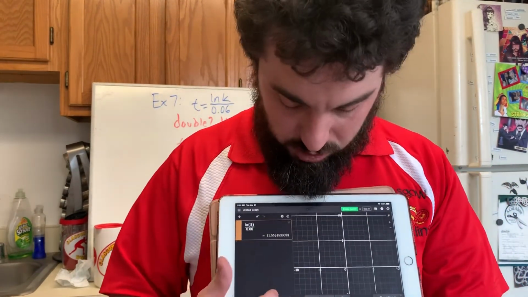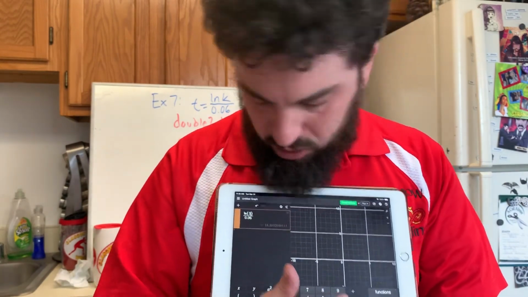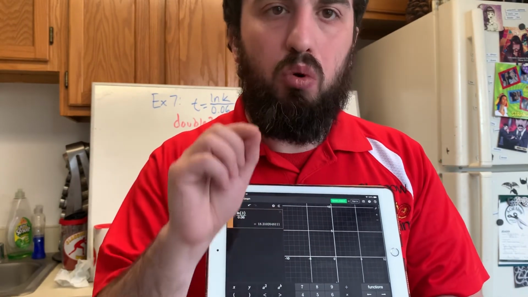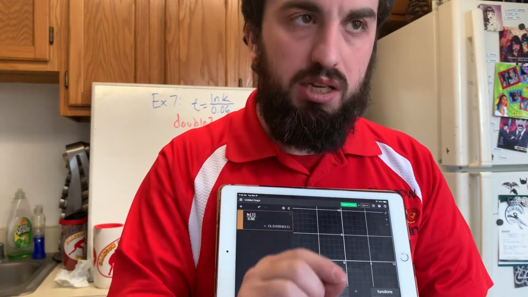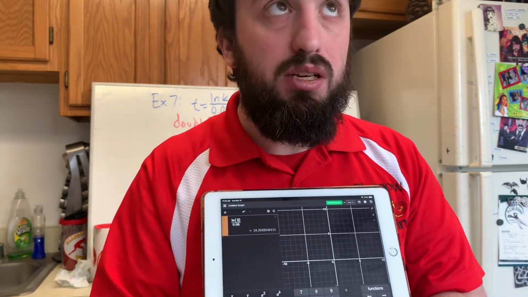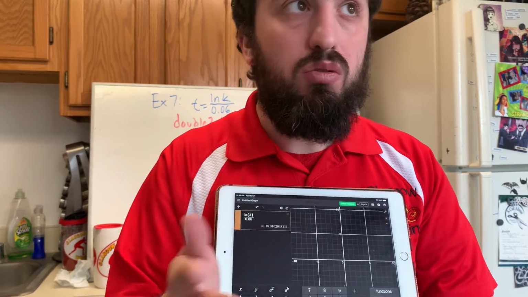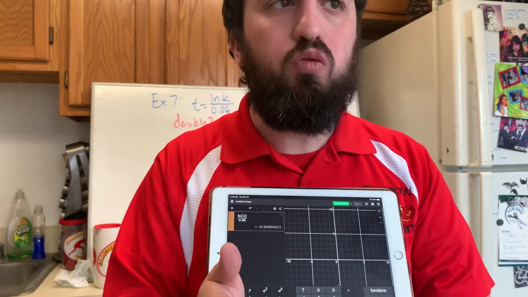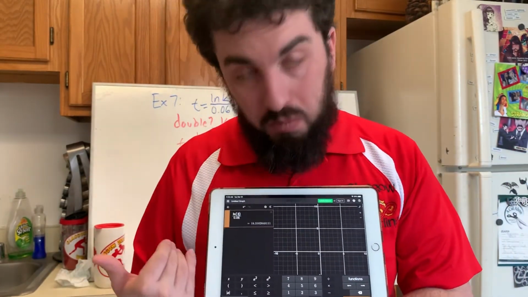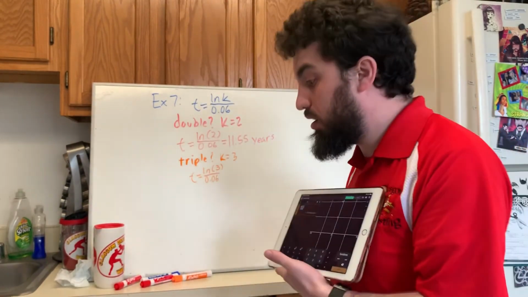Not going to have to retype the whole thing. I'm just going to hit delete, change the 2 to a 3, and find out that it takes 18.31 years. So it takes a quarter of a year, almost 18 years and 4 months to get to tripling your money. Again, not a bad return there.